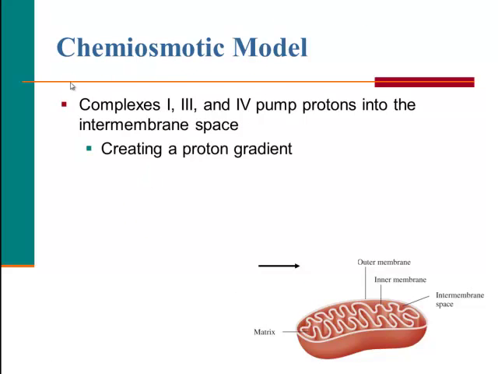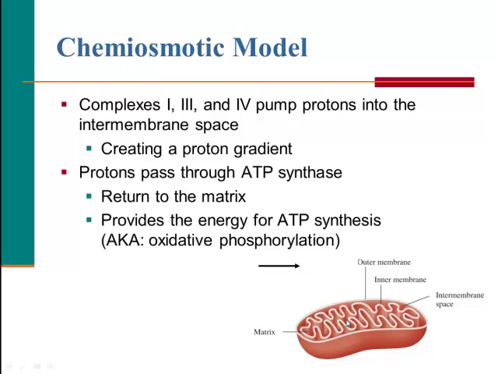Complexes 1, 3, and 4 move protons from the matrix into the space between the membranes. So the protons create a proton gradient, which will then be used to produce ATP.